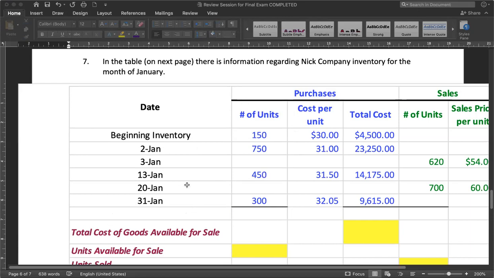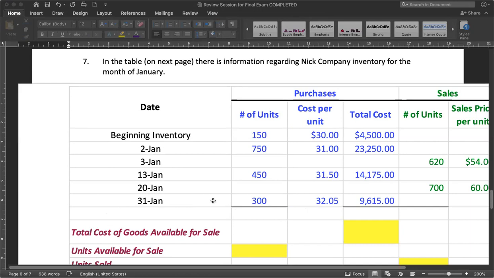So now the question is, okay, everything that they had available to sale cost $51,540. They had available to sell 1,650 units, and they actually sold 1,320 units. So how many units are in ending inventory? Well, it was available to sell 1,650. They sold 1,320.